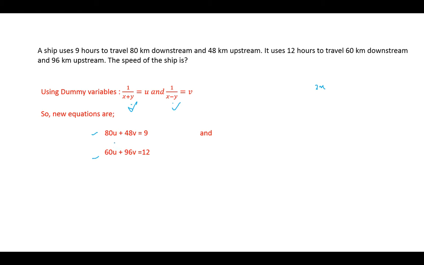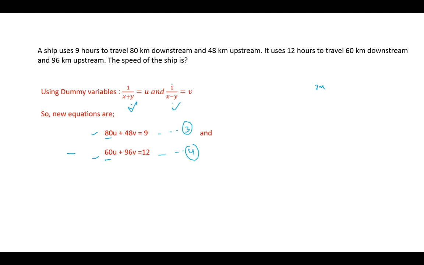But what if I can make these coefficients equal, right? In that case, let's say this is equation 3 and this is equation 4. If I make the coefficients equal and I subtract equation 4 from equation 3, my u variable will get cancelled out, so I'll have only one variable left. So this is how you solve a simultaneous equation, right?